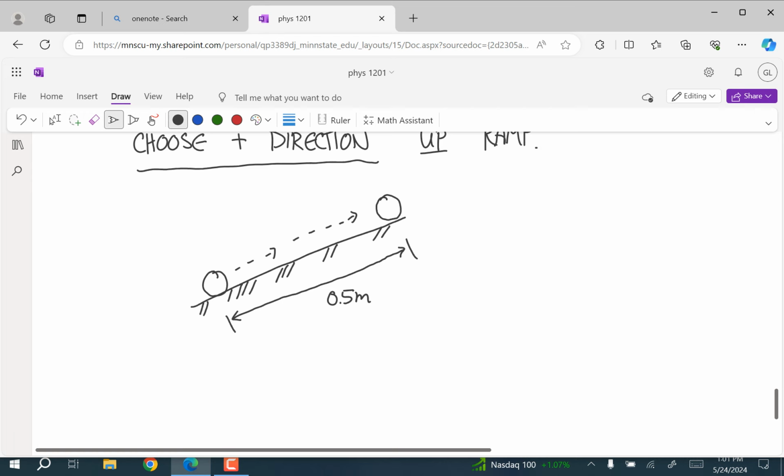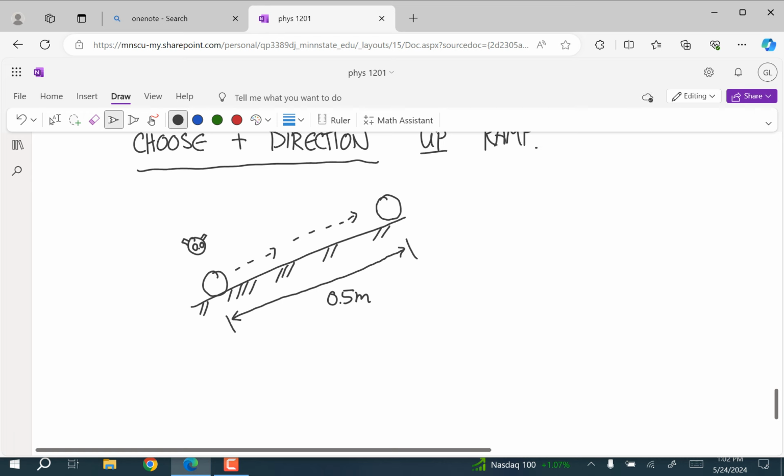For the stopwatches, we're always going to start the stopwatch at the earliest moment where we're given information or looking for information. So that's going to be the start of the motion here. So at instant 1, the stopwatch says 0.0.